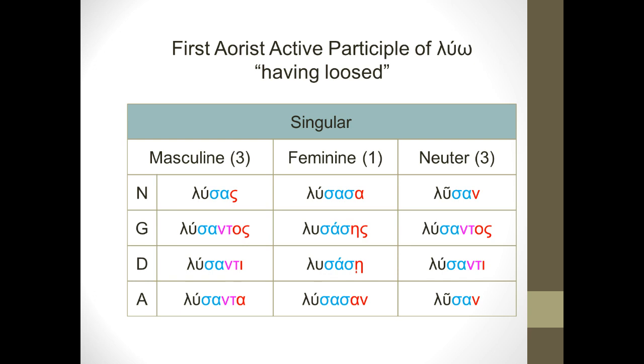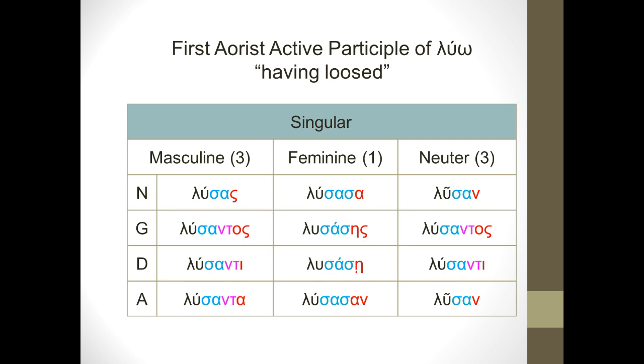Keep in mind that the nominative singular will take its own unique ending. In this case, the nominative singular of the masculine is sas, in the feminine it is sasa, and in the neuter it's san. And then notice that once you get into the genitive, the dative, and the accusative, just as we saw in the present participle, the pattern begins to trace itself out.